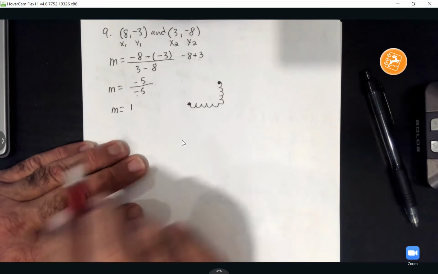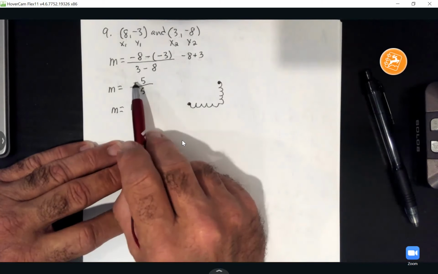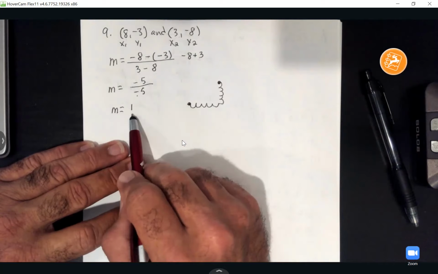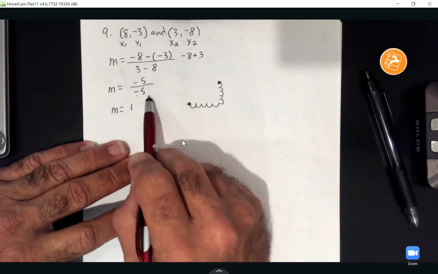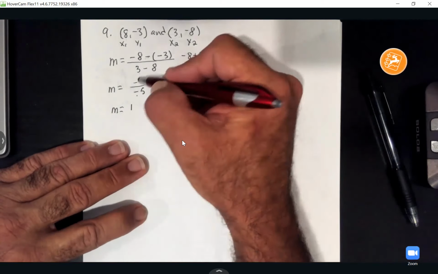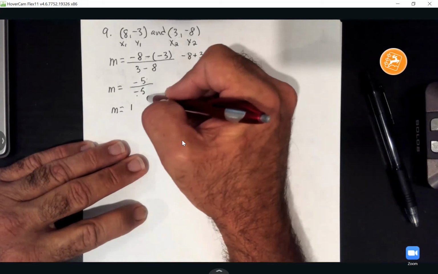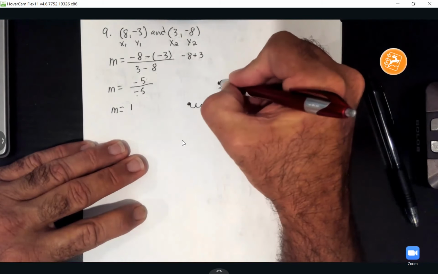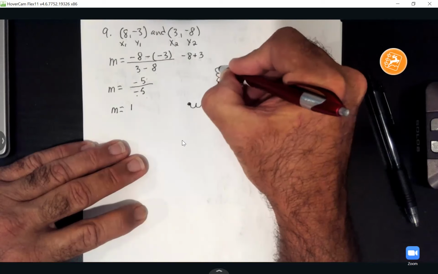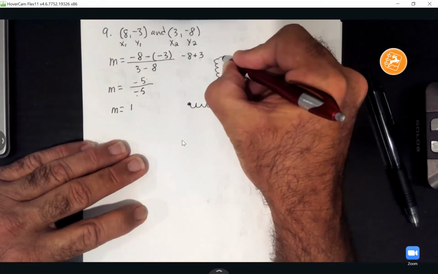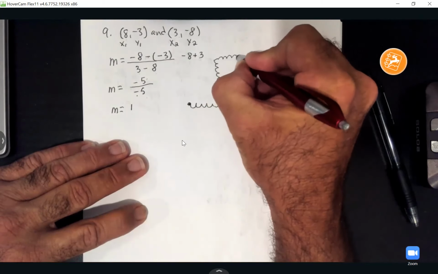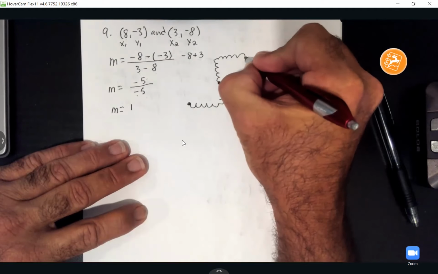But watch this. If 2 negatives make a positive, doesn't 2 positives make a positive? So if this was a positive 5 over a positive 5, this would go up 5 and then right 5. But guess what?